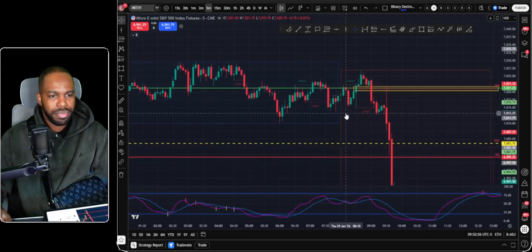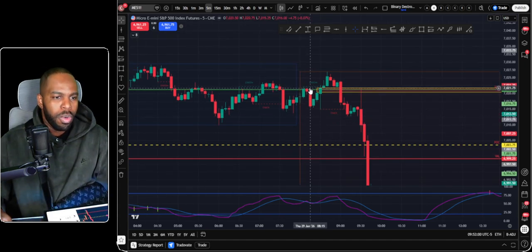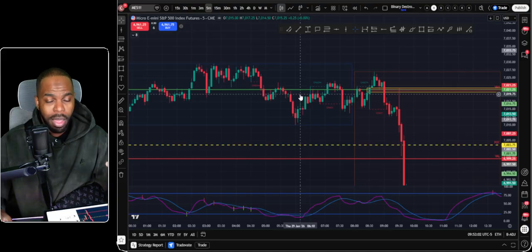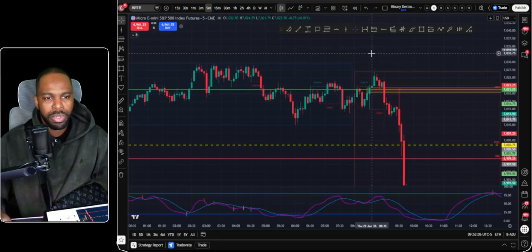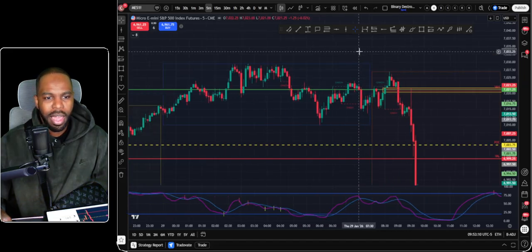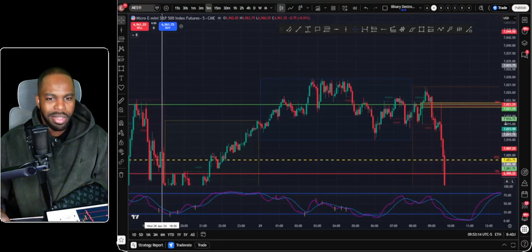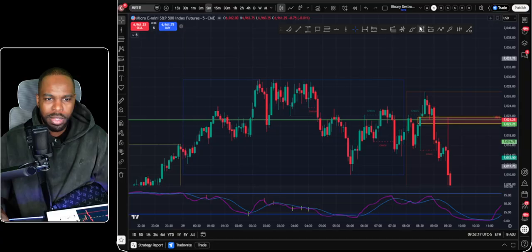Okay, so now, let's say that the US session has started. What I normally like to do is wait for a session sweep, but sometimes you can catch some really good moves. It doesn't happen all the time when it comes to having a session sweep. But if I were trading the London session, this would be my simple strategy.